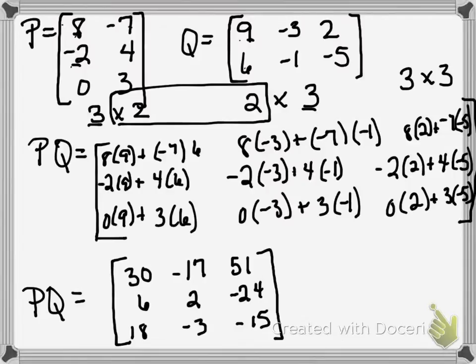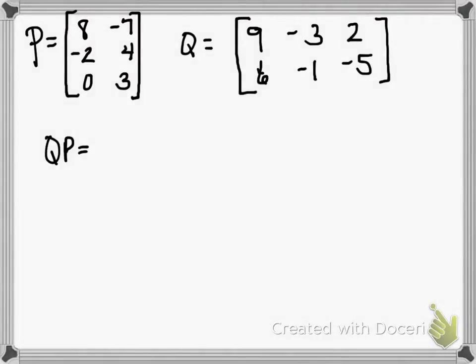So the product of a 3 by 2 and a 2 by 3 ended up resulting in a 3 by 3. This was P times Q, so now let's see what happens if I do Q times P.